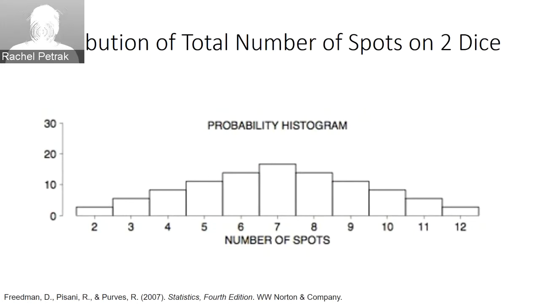As you can see, 7 is your most likely sum, probably why it's one of the target numbers when you play craps. However, it's not necessary to get to 7 through a specific path. We could get to 7 by 6 plus 1. We could get to 7 through rolling a 2 and a 5, a 3 and a 4. You can see there's multiple ways to get to 7.